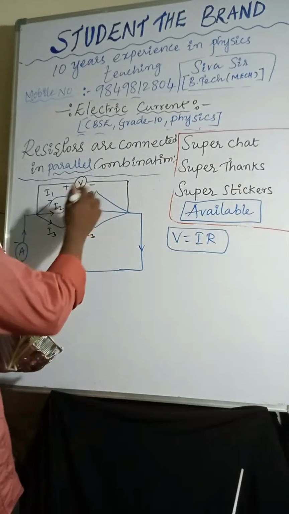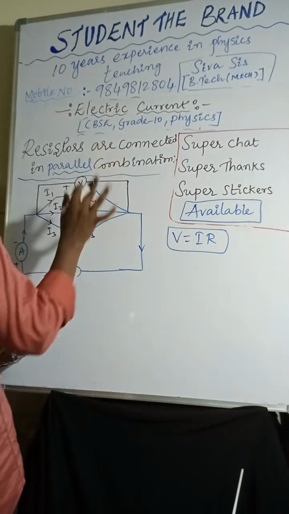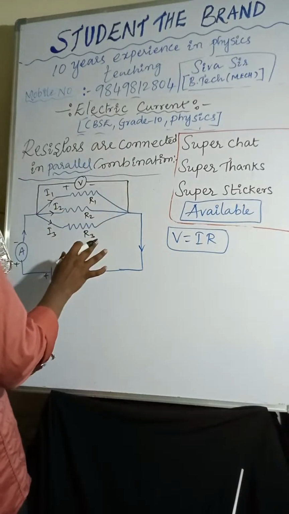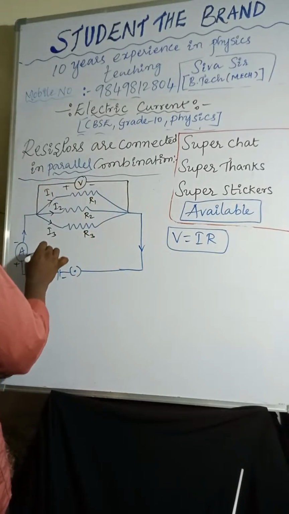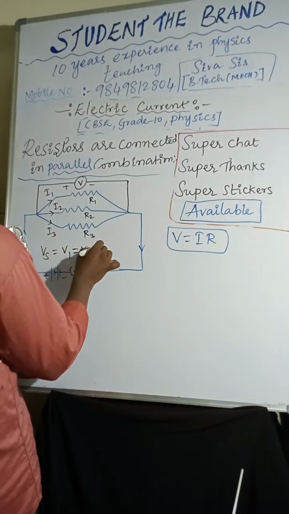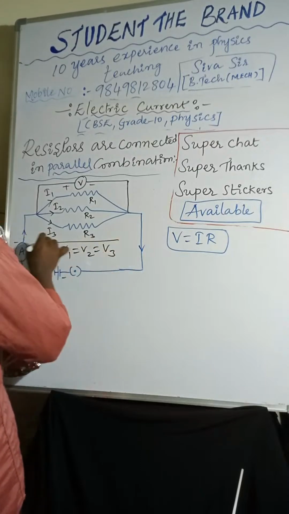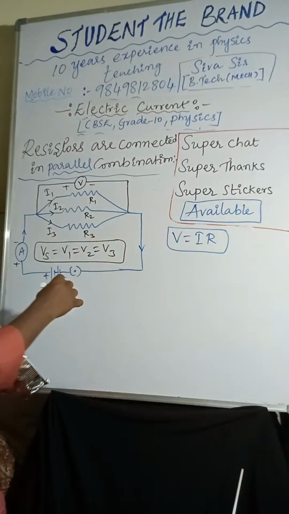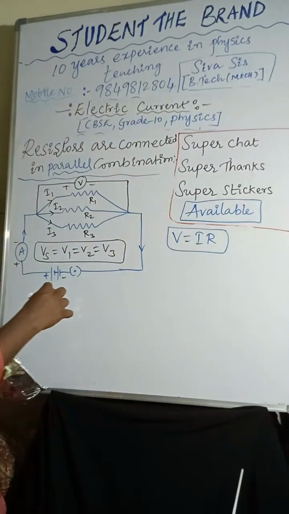In this resistors-connected-in-parallel concept, the potential difference is the same across all the resistors: V1, V2, V3, that is Vs equal to V1 equal to V2 equal to V3.